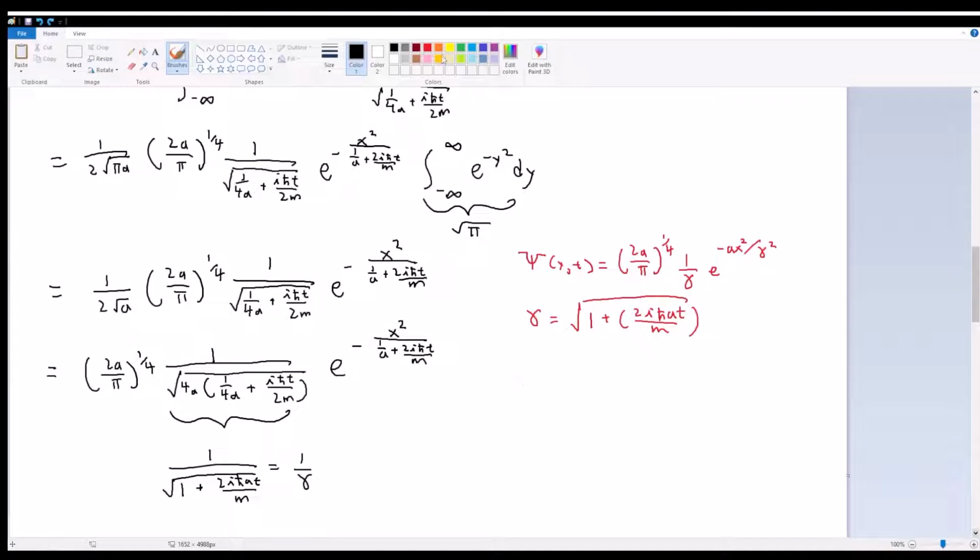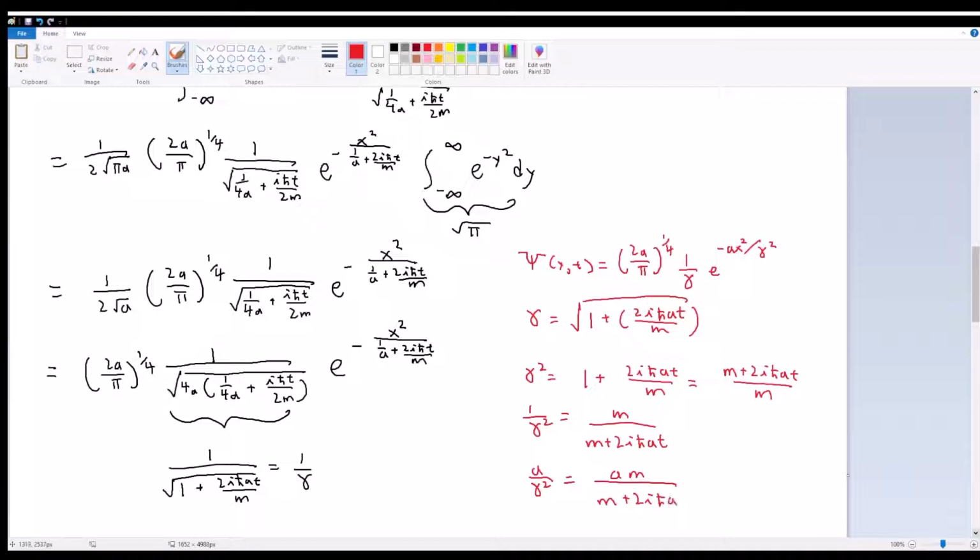So gamma squared is equal to 1 plus 2i h bar at over m. And if we want to turn this into a fraction, this is just equal to m plus 2i h bar at all over m. So that means 1 over gamma squared is equal to m over m plus 2i h bar at, and a over gamma squared is equal to am over m plus 2i h bar at.